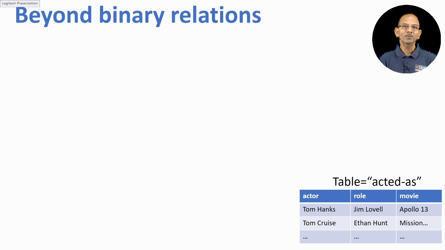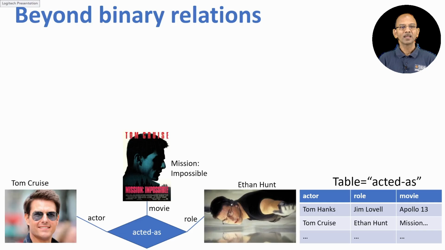In a graph form, we will represent this as follows. The acted as table or relationship will be represented by diamond-shaped nodes as shown, and Tom Cruise and the movie and the role would be connected to this relation node.